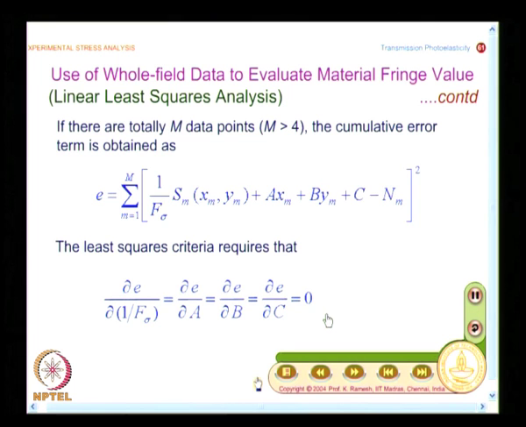So, what I have now obtained is I have taken a large number of data points, I have written the error equation, I reduce this as just 4 equations. I have 4 unknowns, I have 4 equations, and these 4 equations are obtained by employing the least squares criteria.